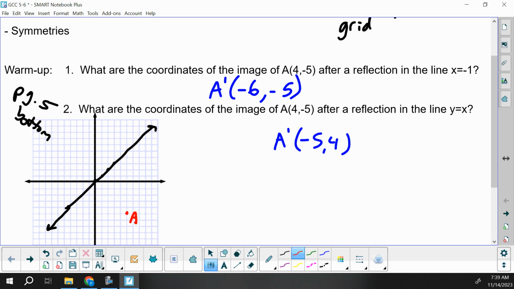And because we have a line with a slope of 1, we would want to count at a slope of -1 to see how far to get there. So that would be 1, 2, 3, 4, 5 diagonals going through. 1, 2, 3, 4, 5 going the other way. This would be our A prime. So then we have our (-5, 4). That's a bit tricky to do, so that's why knowing the rule for y equals x can be helpful.